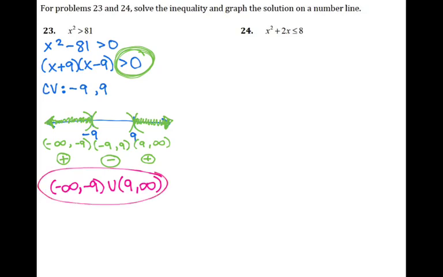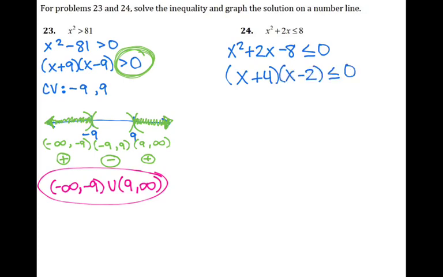I'm going to do the same thing with 24. So I'm going to get a 0 on one side, so x squared plus 2x minus 8 is less than or equal to 0. Factor it. So (x plus 4)(x minus 2) is less than or equal to 0. Find your critters. So I have a critical value at -4 and another critical value at 2.